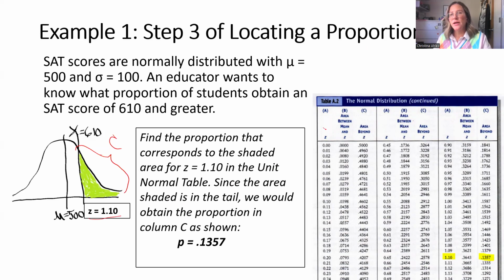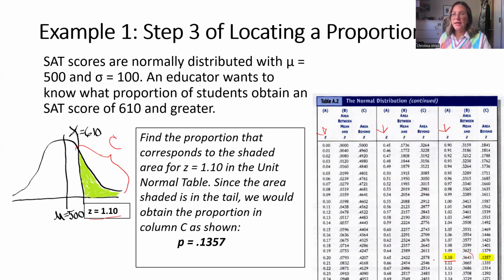In column A, we're going to look up 1.10. So we're going to go all the way down. Here's 1.10, I have it highlighted. And now we're going to find its corresponding number in column C. So we have to skip over to this column.